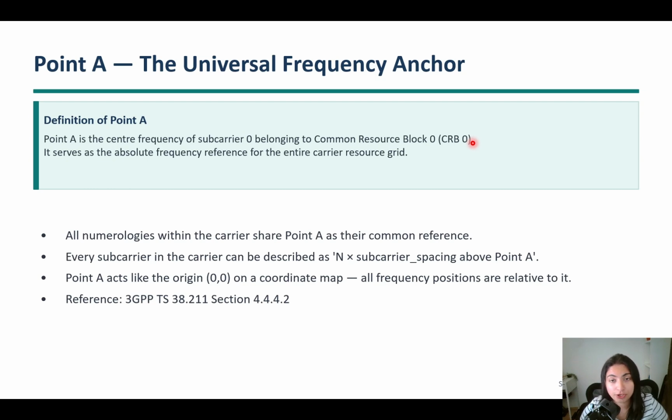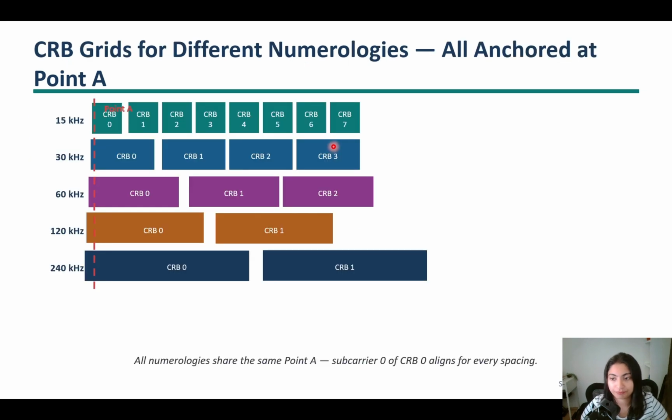Even if your data only lives at coordinates 10 through 100, you still need 0 defined so that everything has a consistent address. This is exactly what point A provides. I repeat, point A is the center of subcarrier 0 of CRB 0.